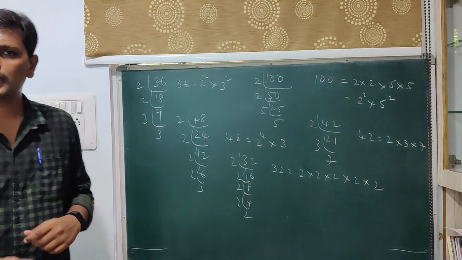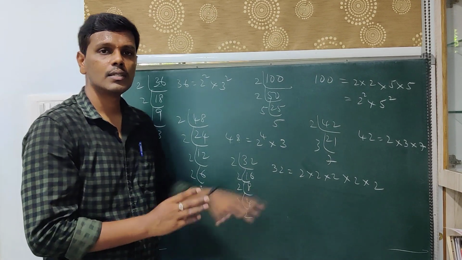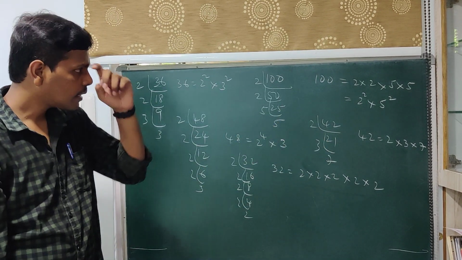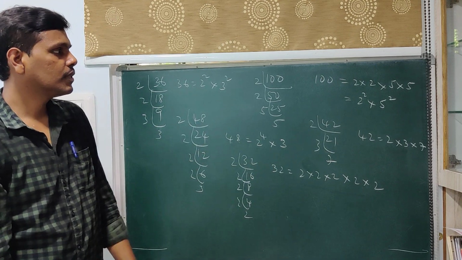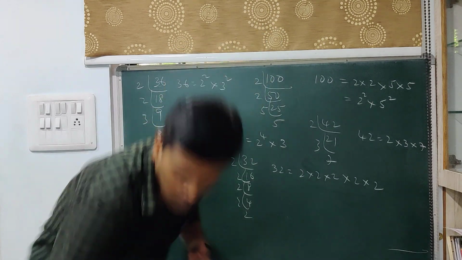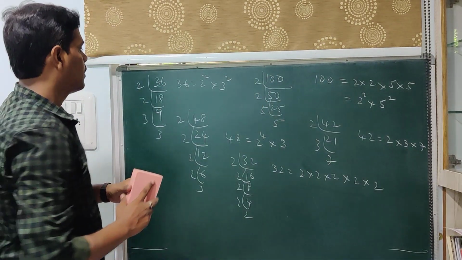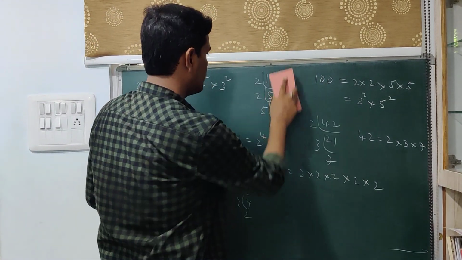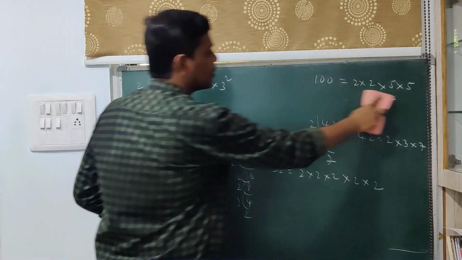The prime factors may be different, or the prime factors may be the same. So this is the observation that we can make. Now let me take the same numbers and do the prime factorization in a different way. I'll be doing prime factorization for 100.